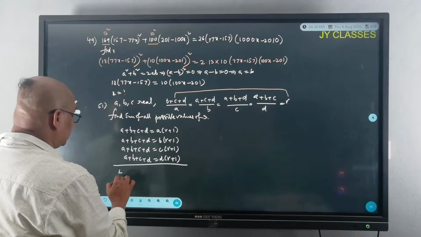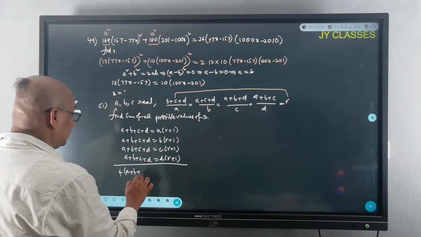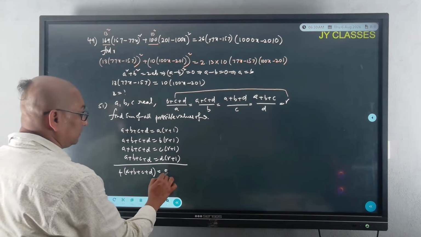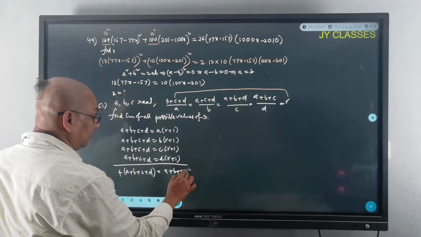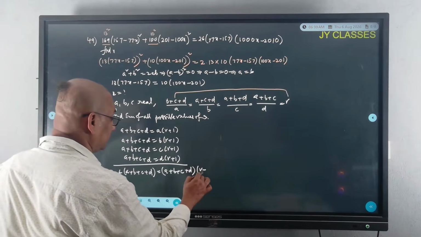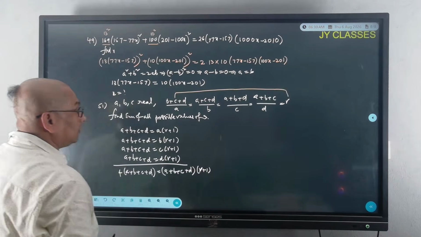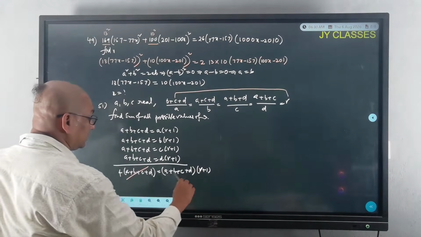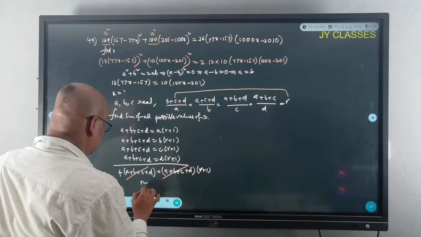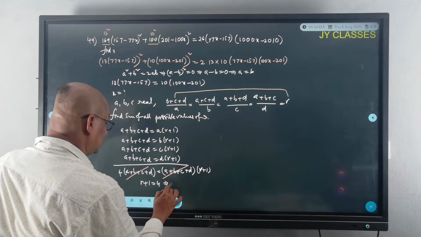If you add these four, a plus b plus c plus d is equal to (r plus 1) as common, into (a plus b plus c plus d). Okay, on both sides these two get cancelled. r plus 1 is equal to 4, then r is equal to 3.